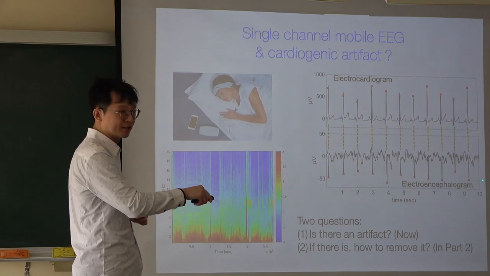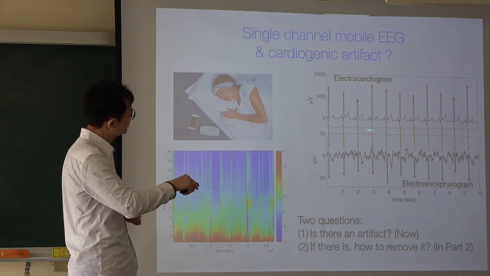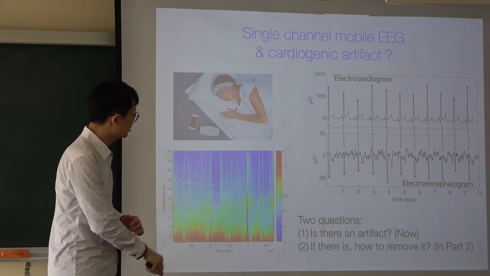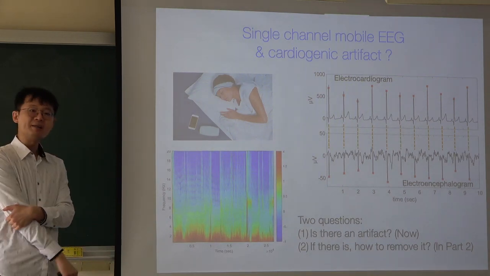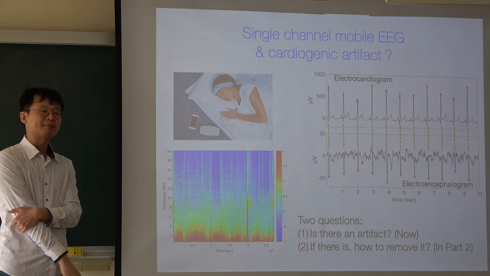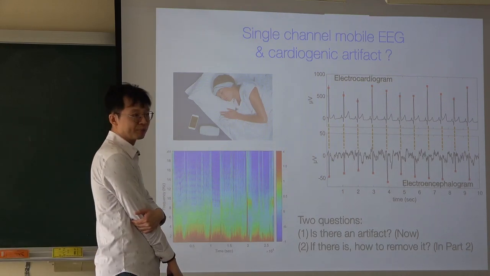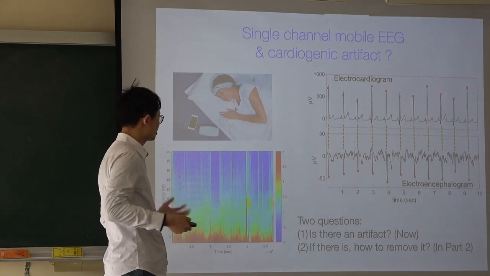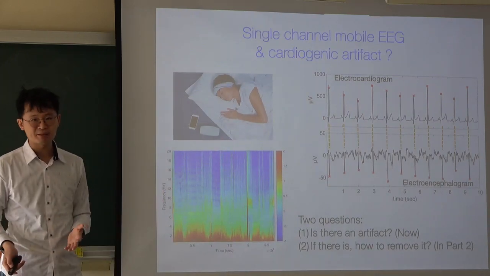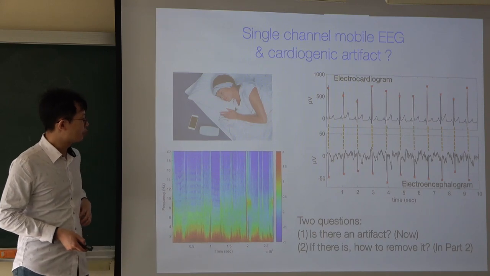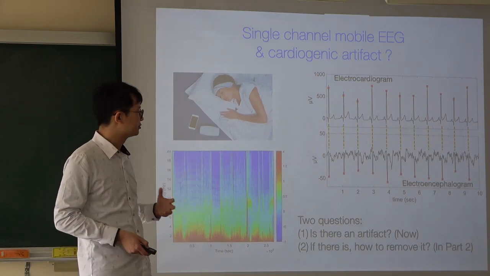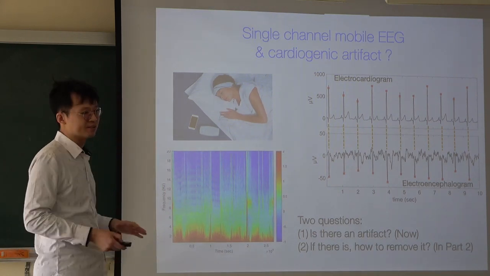Those spikes coincide with the simultaneously recorded ECG signal. But this kind of cardiogenic artifact may not always exist. It may sometimes exist, sometimes doesn't, which depends on how the patient sleeps, the position, many mechanisms. And as I mentioned before, at this moment, we do not fully understand the mechanism of cardiogenic artifact, but this is not a concern today.